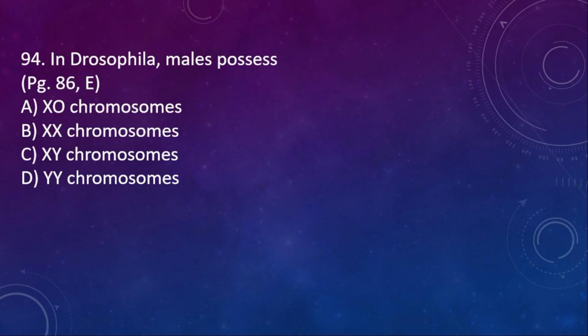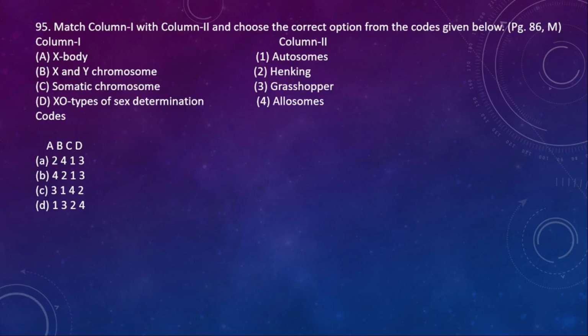94. In Drosophila, males possess XO, XX, XY, or YY chromosomes. Here the right option is C, XY. Next, 95. Match column 1 with column 2. Here is column 1, which has X body, XY chromosome and all.